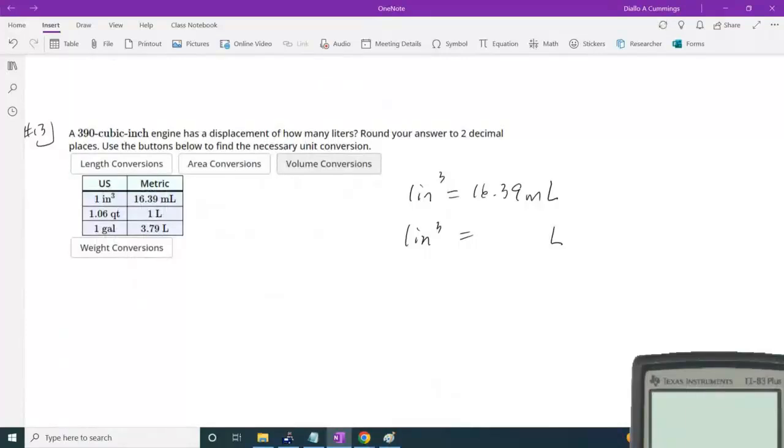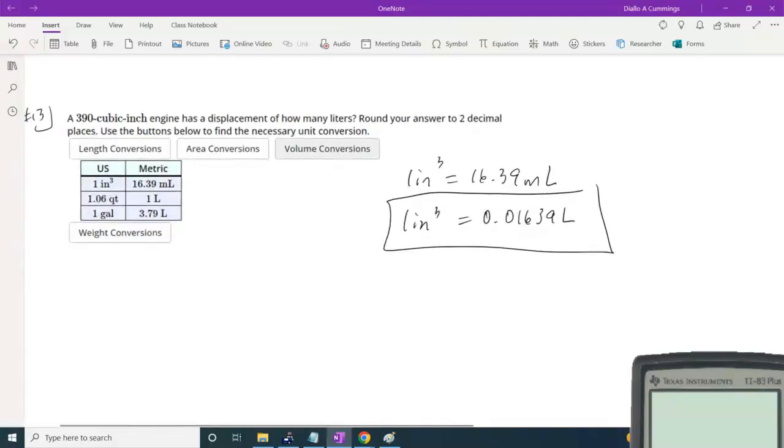All right, here it is. So 1 cubic inch is equal to 0.01639 liters. I'm going to use this as a conversion. We have 390 cubic inches, and we're converting cubic inches to liters.